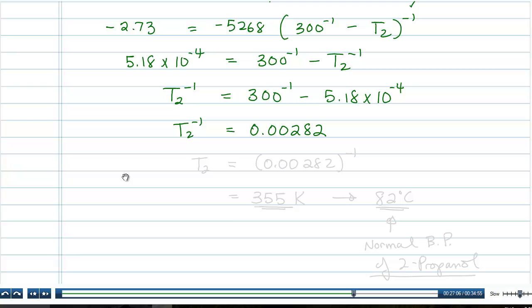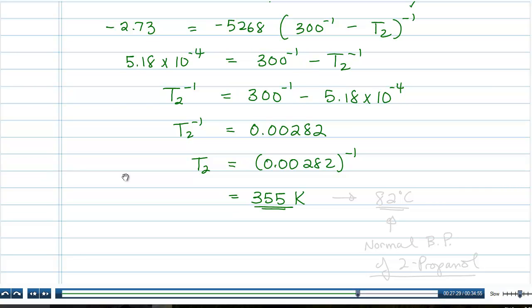Now I need to get T2. Since this was the reciprocal of T2, then T2 would equal the reciprocal of this tiny number, which equals 355 Kelvin.